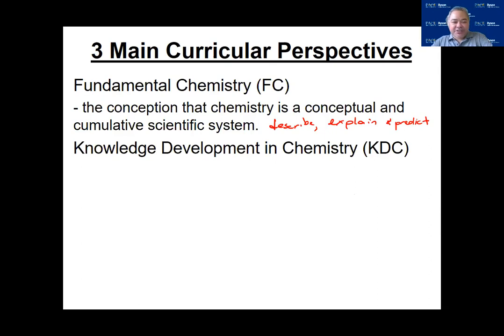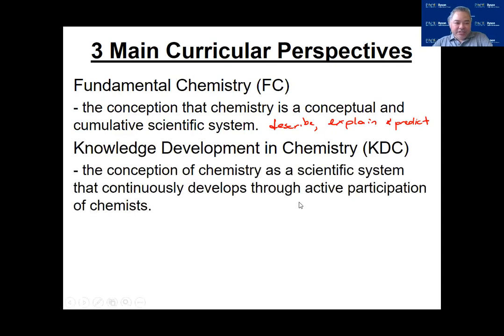Now, the other curricular perspective that they have is knowledge development in chemistry. The dominant characteristic here is the conception of chemistry as a scientific system that continuously develops through active participation of chemists. So what does it mean? Knowledge is growing.